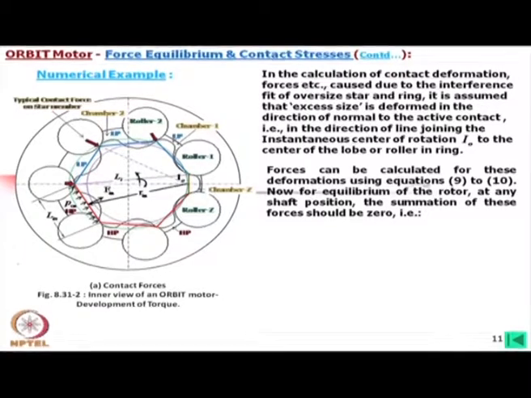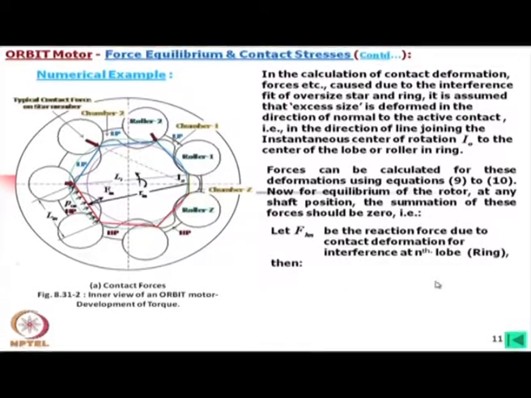Here I have shown that using equations 9 and 10, one can try to find out the forces, but we have to follow a particular technique for how we can find out these forces. Let F H n be the reaction force due to the contact deformation for interference at the nth lobe.